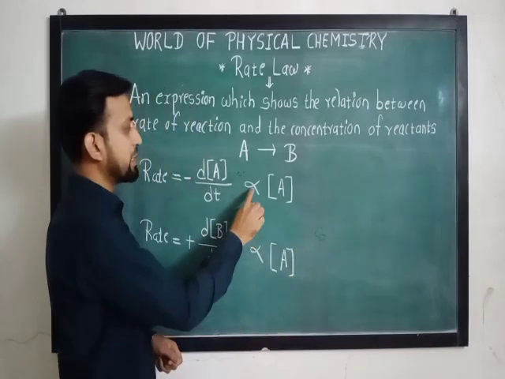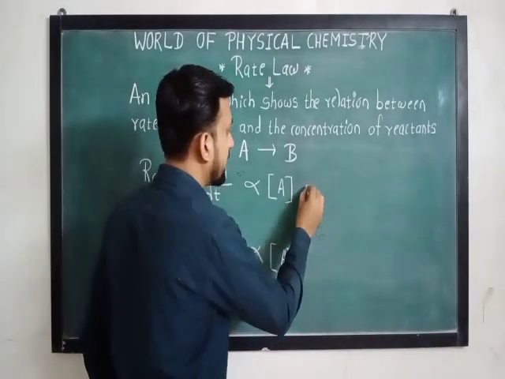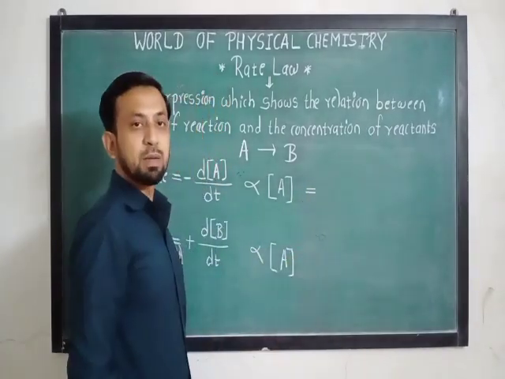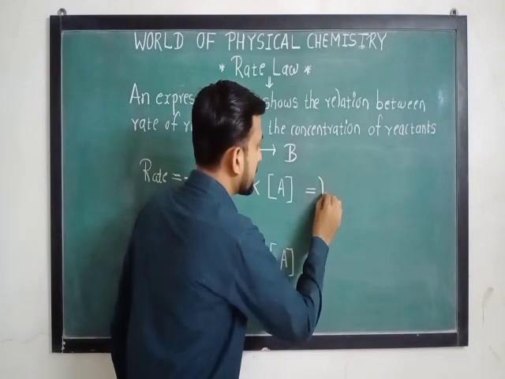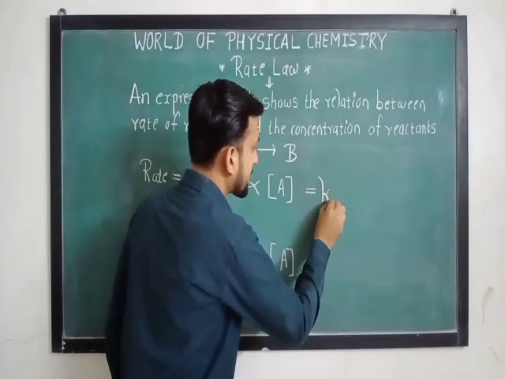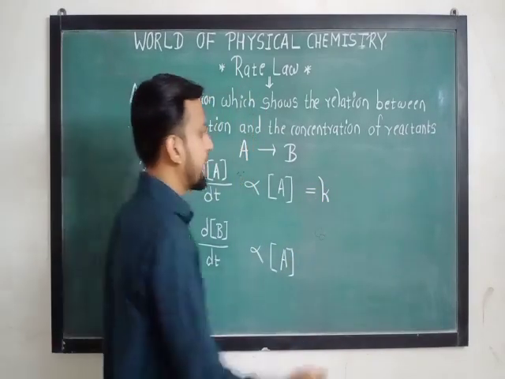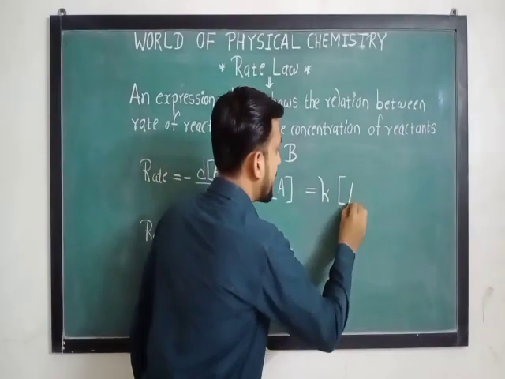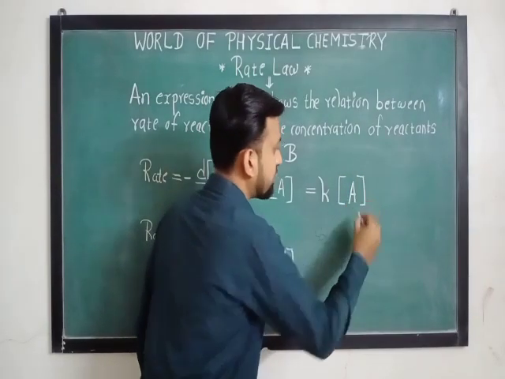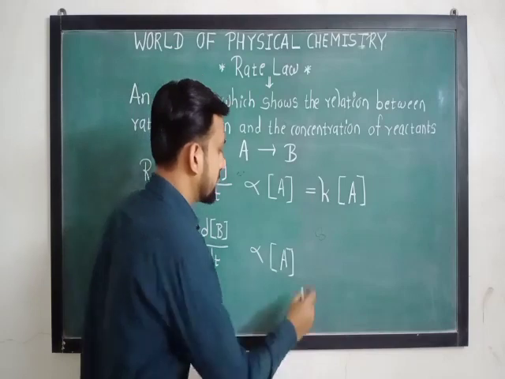Now, we have to replace this proportionality sign with equal. At that time, we have to consider some constant. In chemical kinetics, we consider that constant as a small letter k, where k is the proportionality constant, which is further called the rate constant.